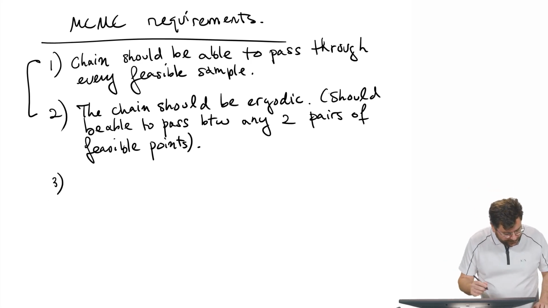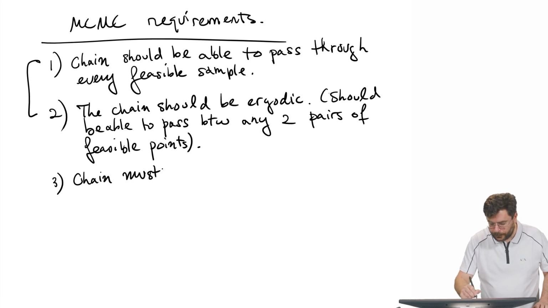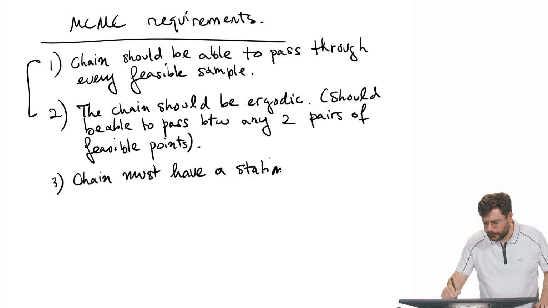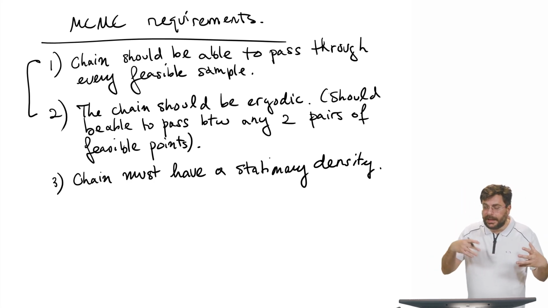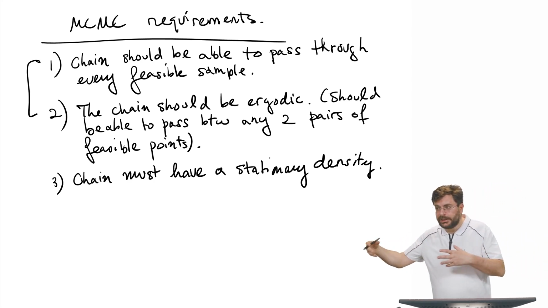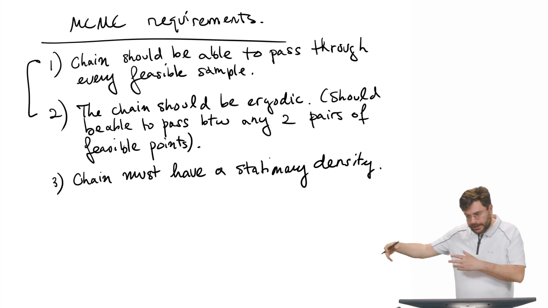Finally, the chain must have a stationary density, meaning that if you start exploring and you're generally going in some direction, you can't just keep going in that direction.